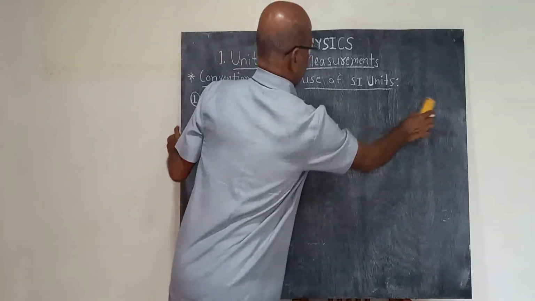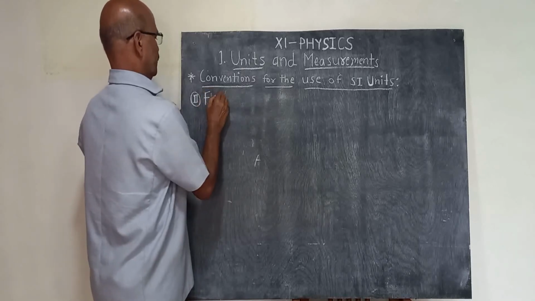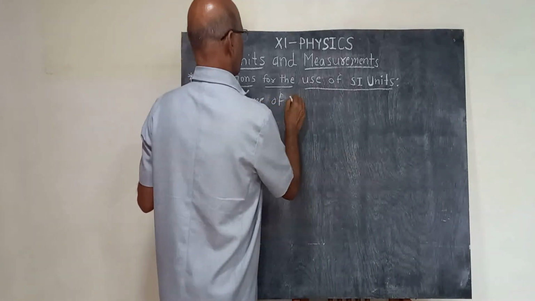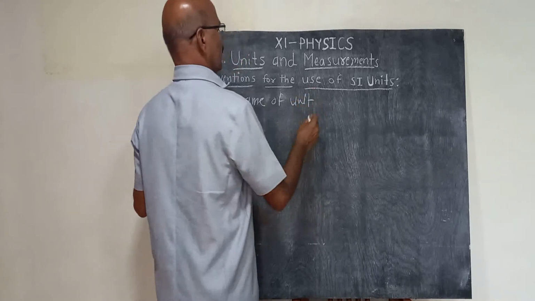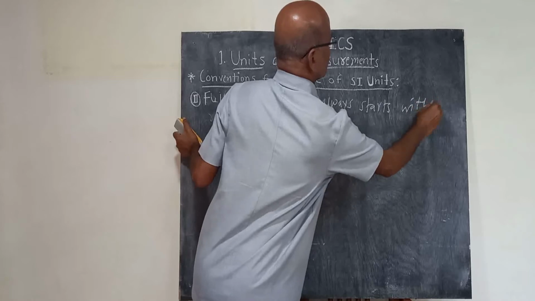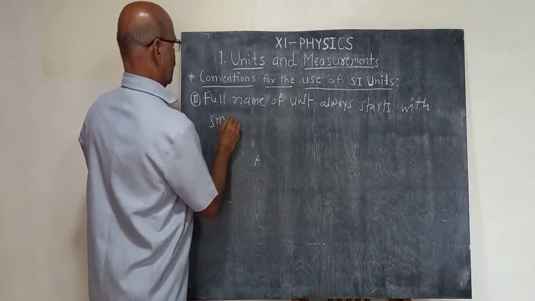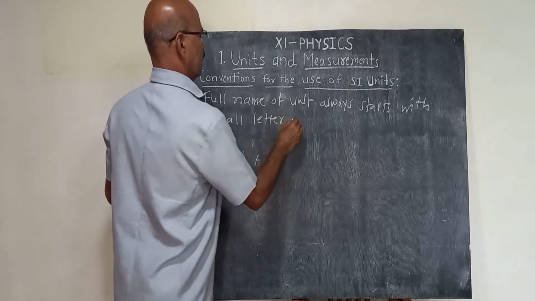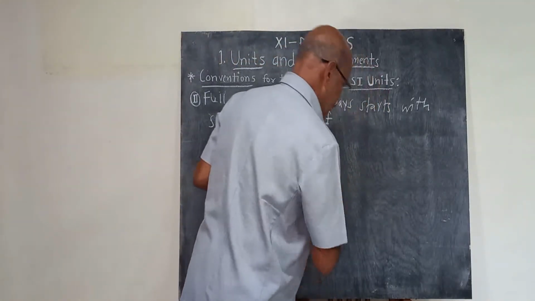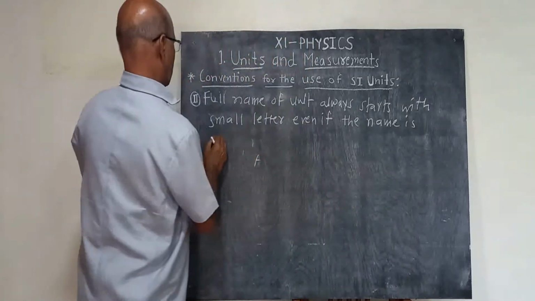The second convention for the use of SI units is that the full name of a unit always starts with a small letter, even if the name is after a person.